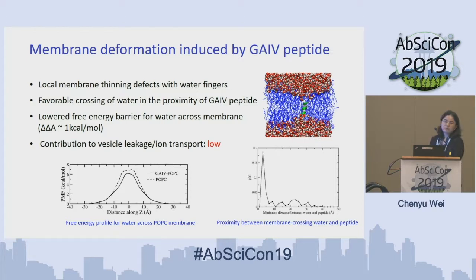Such deformation is shown to lower the free energy of water crossing the membrane by 1 kcal per mole, and water transport through the membrane is found highly favorable in the neighborhood of this peptide. However, the possibility that such deformation induces ion transport is rather low, because for ions to transport easily, it needs a much larger water pore.